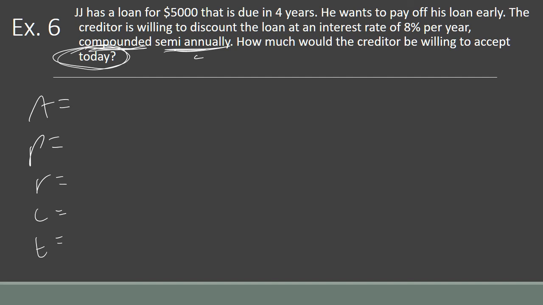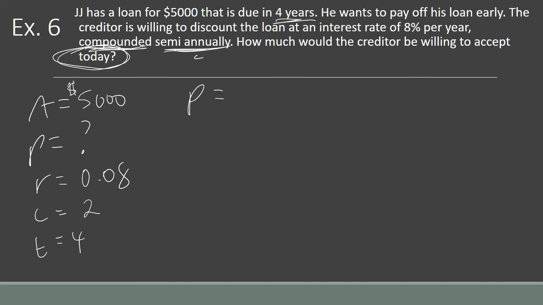So we see today, that's present value. His loan is going to come due at $5,000 in the future. My interest rate, 0.08. My compounding period, semi-annually, which is 2, and the time, it's due in 4 years, so 4.